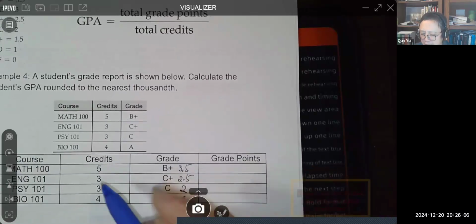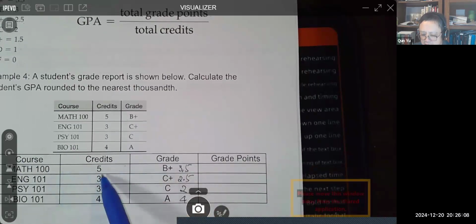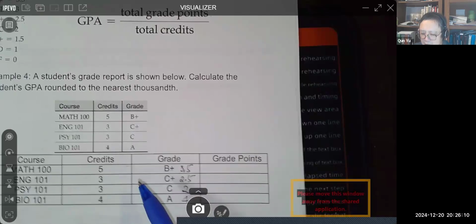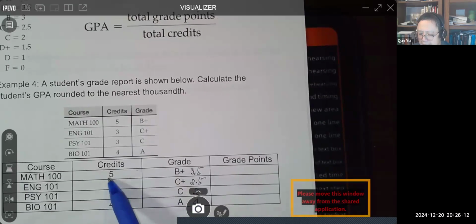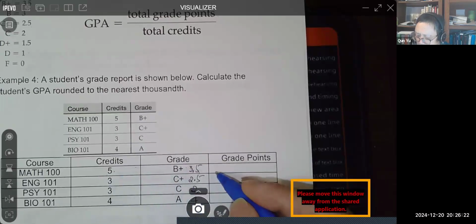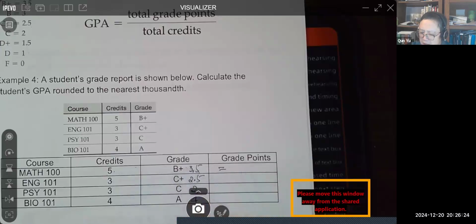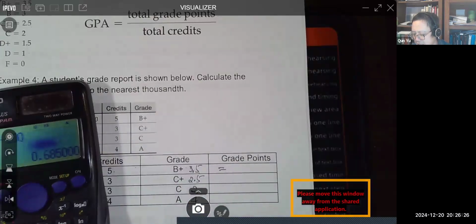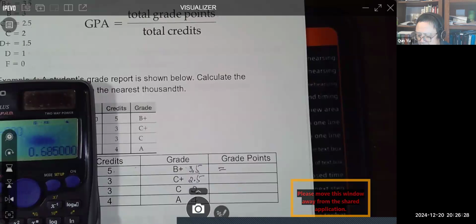Now this is what you do. First, you multiply credit hours, because it's a 5-hour course. You multiply the credit hours by this value because each credit hour was 3.5 points. You get 5 of them. That's why you multiply. So I'm going to multiply this using a calculator and then put it in the last column. 5 times 3.5, I get 17.5.